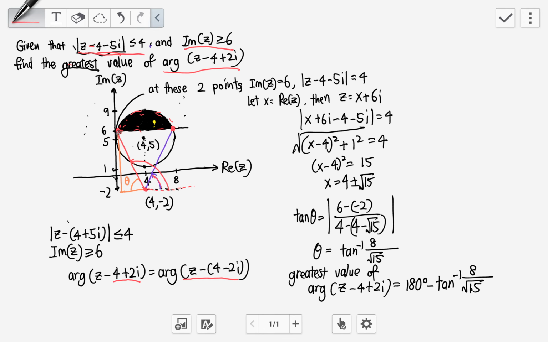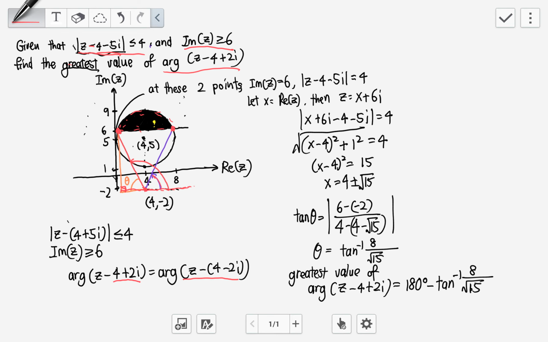For example, this one we know is 90 degrees, because if we draw a vertical line, it's definitely perpendicular to the horizontal line. So this is 90 degrees, so we can find this orange color angle. If we are able to find this orange angle, then we take 180 degrees minus the orange angle, and we'll get the red color angle that we want.